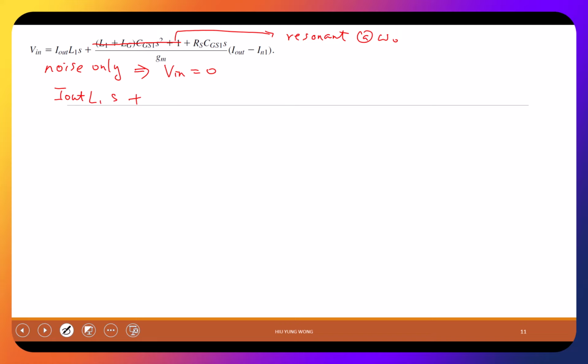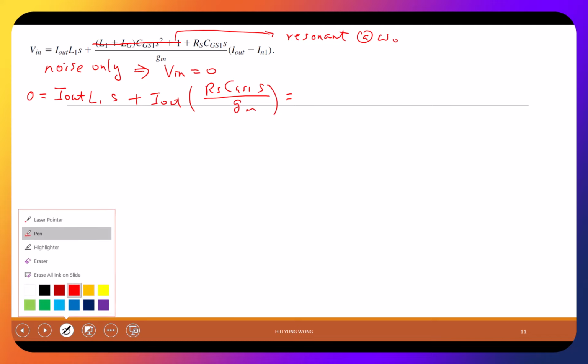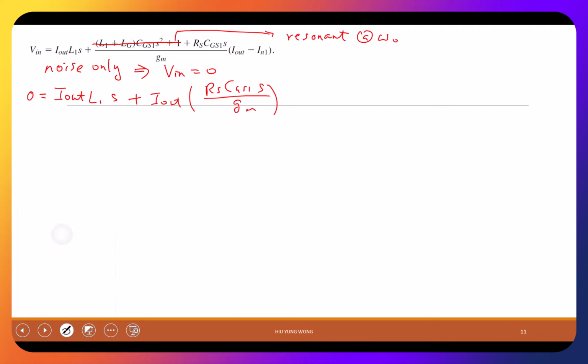Then I have 0 equals I out L1S plus I out times RSCGS1S divided by GM, equals, not equal yet, let me continue, minus IN1 times the same term.